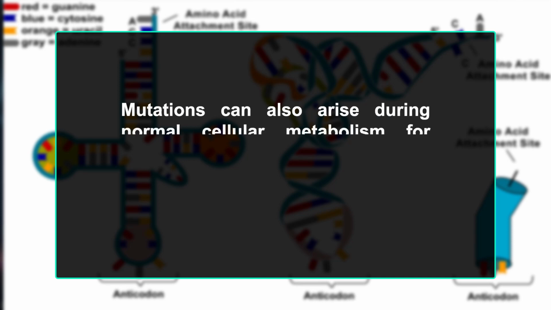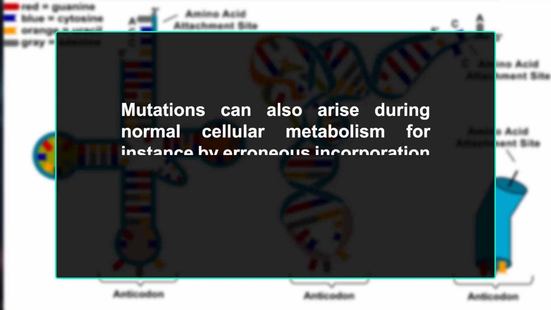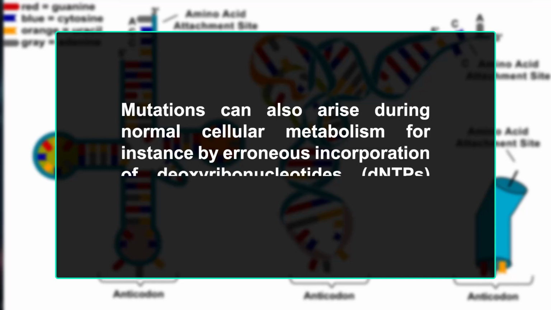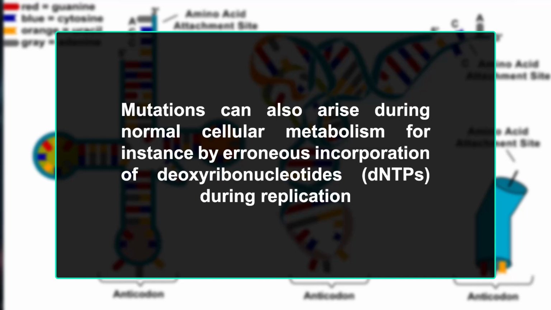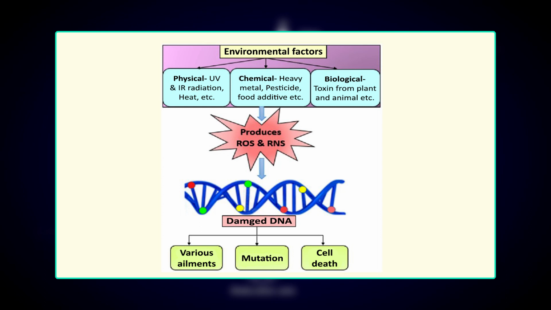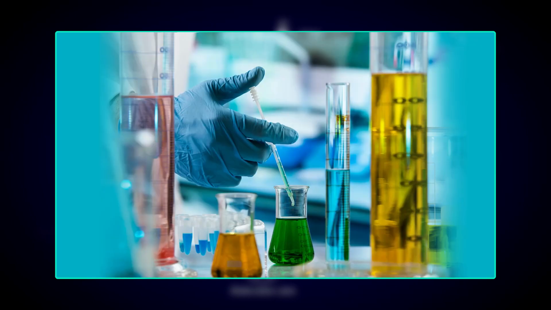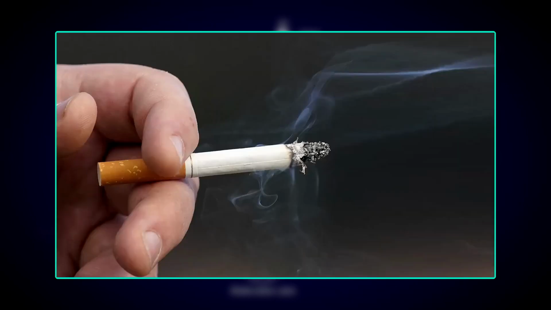Mutations can also arise during normal cellular metabolism, for instance by erroneous incorporation of deoxyribonucleotides or dNTPs during replication itself. Environmental sources of damage can be physical, like ultraviolet light, ionizing radiations, and thermal disruption, or chemical, like chemotherapeutic drugs, industrial chemicals, and cigarette smoke.